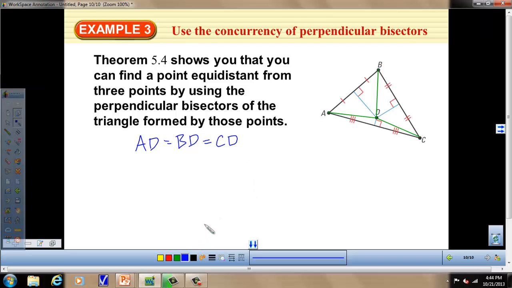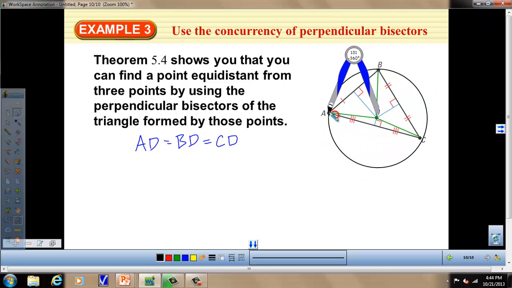And the reason why they call this a circumcenter is because I can draw a circle with a center at D that will connect A, B, and C, and I'll show you what that looks like. If I measure out the distance from D to A, I can then draw a circle, and it's pretty close, but that connects all three of those.